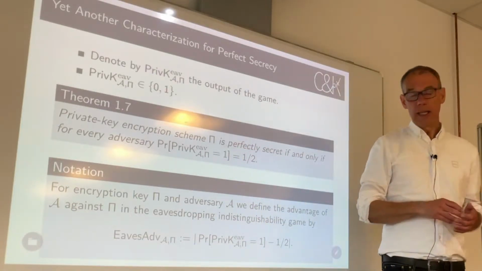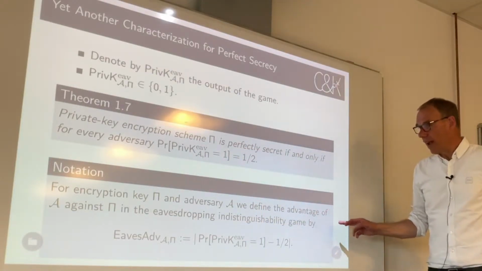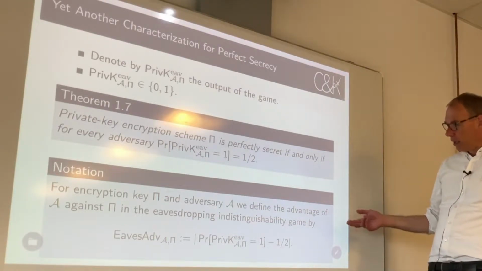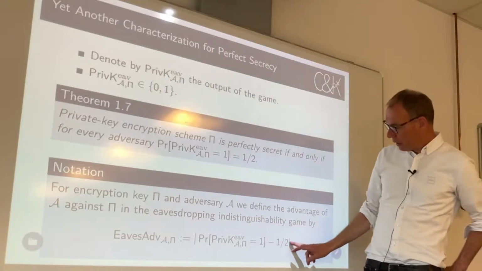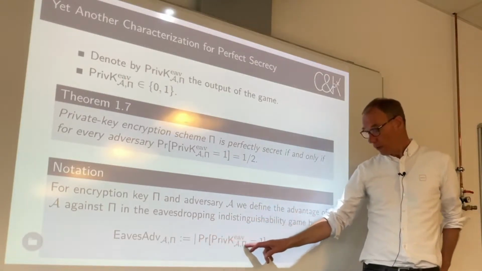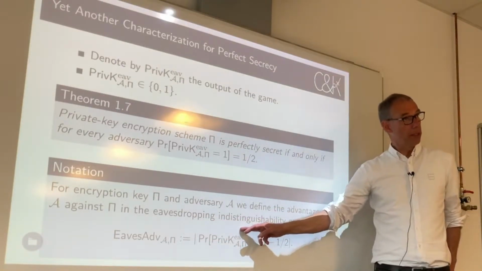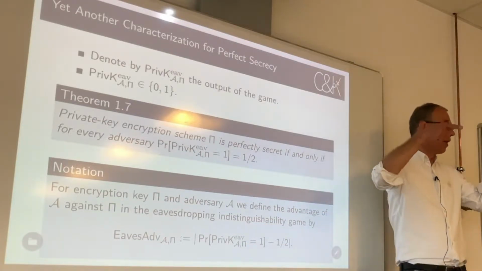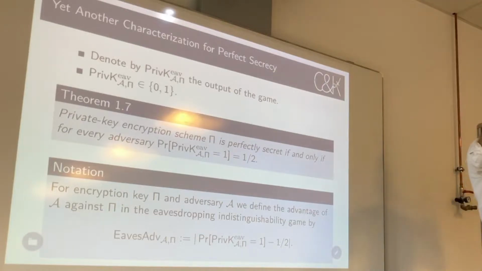And that's why we define the advantage of an adversary in the eavesdropping indistinguishability game by the absolute value of the probability of the adversary A winning the game minus 1/2. So that's called the advantage.